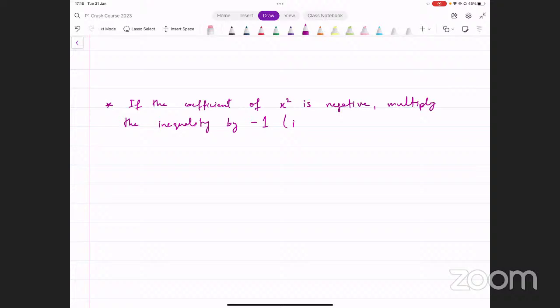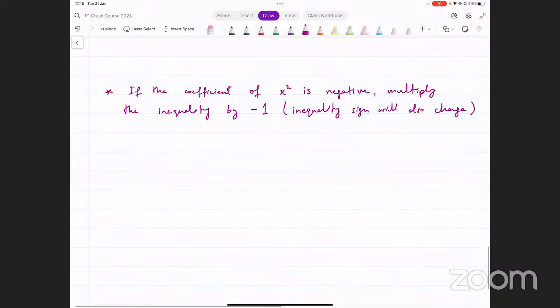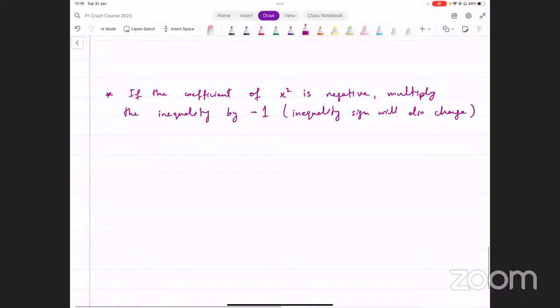Okay, when you do this, the inequality sign will also change. So you need to keep that in mind. The inequality sign will also change. So that's the first thing we do if needed. If the coefficient is negative, then you can do this.